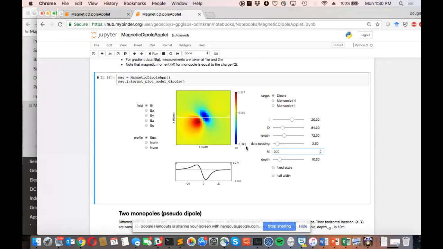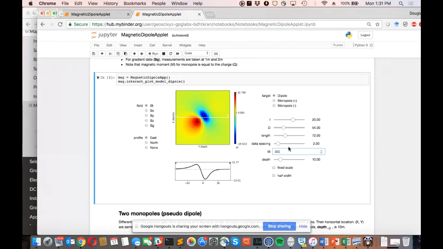Now if m is equal to 30, I got 1.27 nanoteslas. If m is equal to 300, what should I get? 12.7, right? So the magnetic field should vary linearly with the strength of the magnet. I can try that, and you can see it is about 12.7.